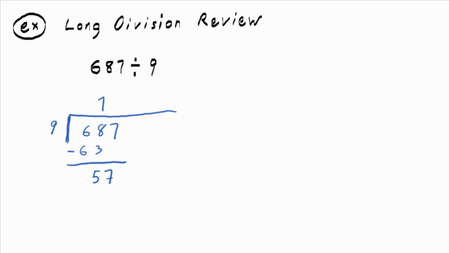You ask yourself, what can I multiply 9 by to get close to 57 but not go over? In other words, how many times does 9 go into 57 without going over? 6 times. 6 times 9 is 54. Add the opposite, which means subtract. 57 minus 54 is 3. And that's your remainder, isn't it?